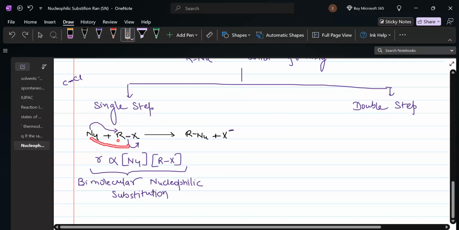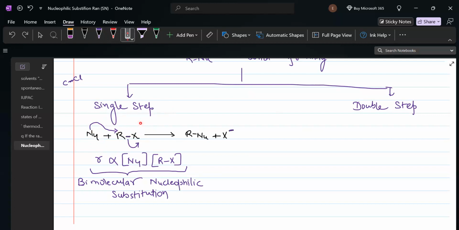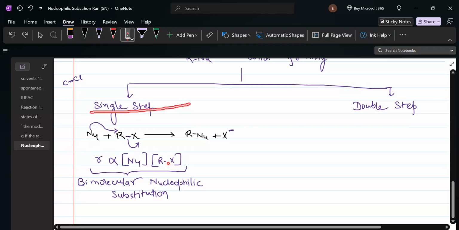So both things are happening together. Bond breaking is happening, bond forming is happening. That is why it is called a single step reaction.